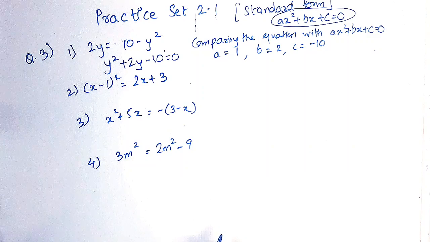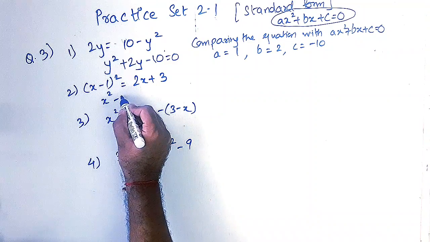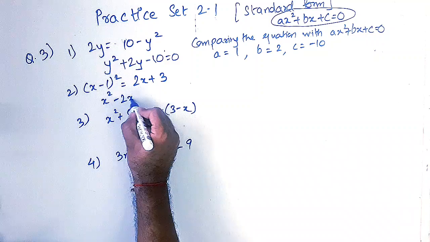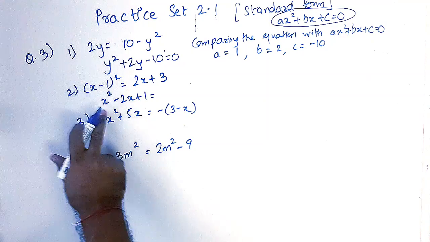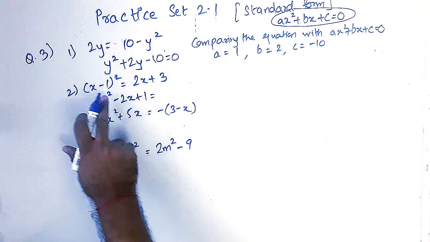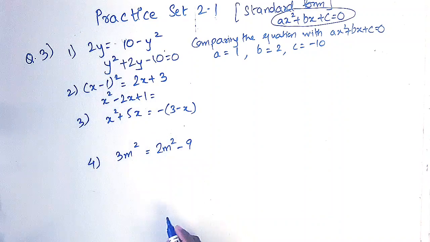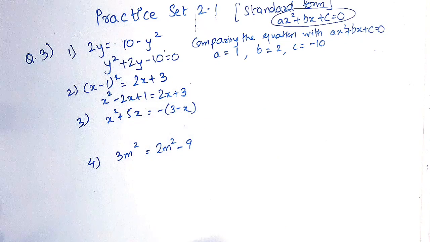x minus 1 the whole square equals to 2x plus 3. You know the expansion of this is a square minus 2ab plus b square. 2 into x into 1 will be 2x, plus b square, 1 square is 1, equals to 2x plus 3.